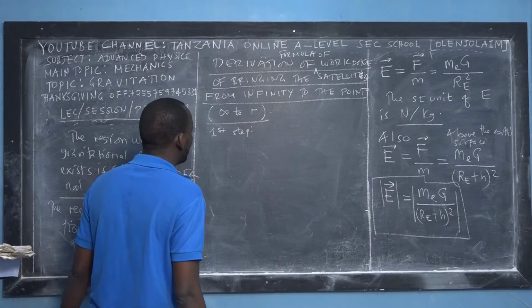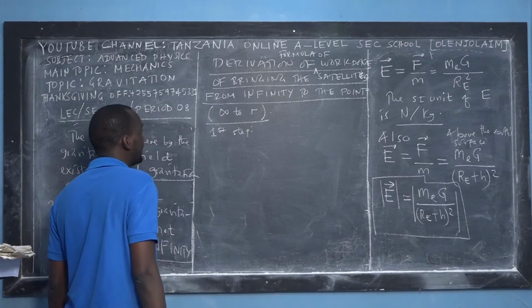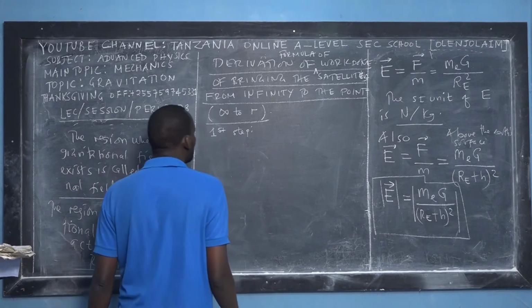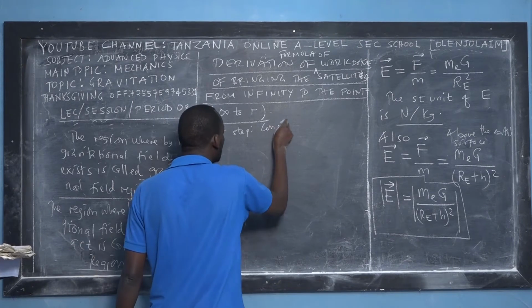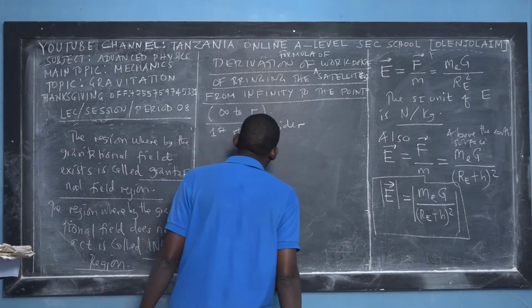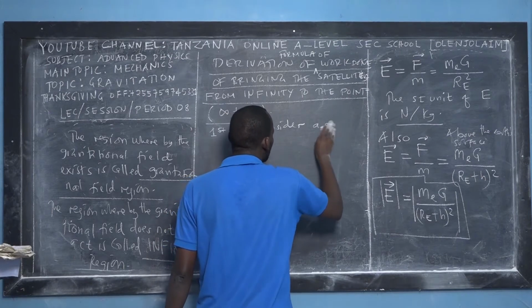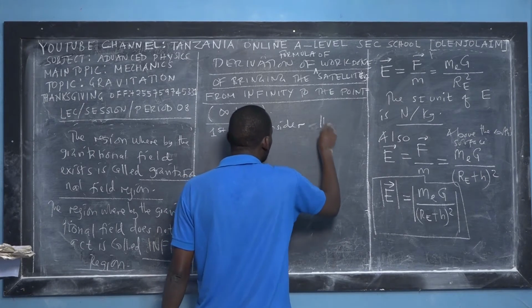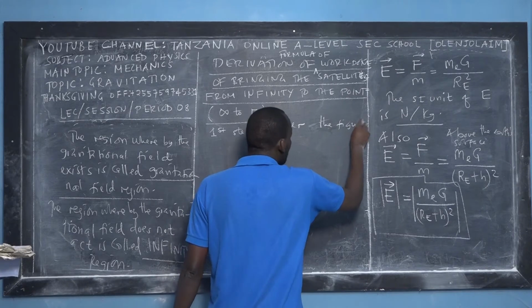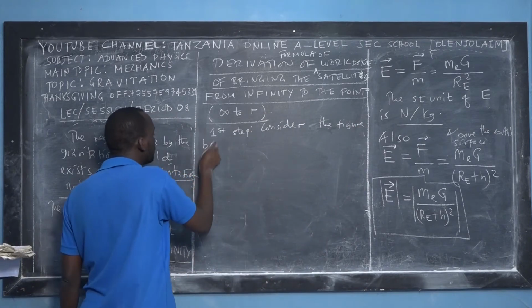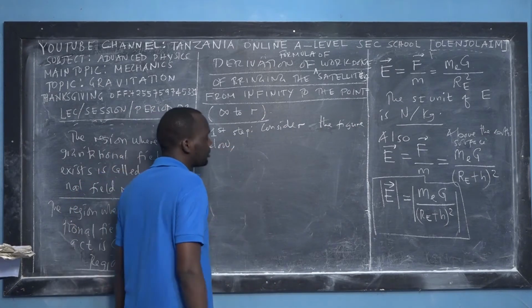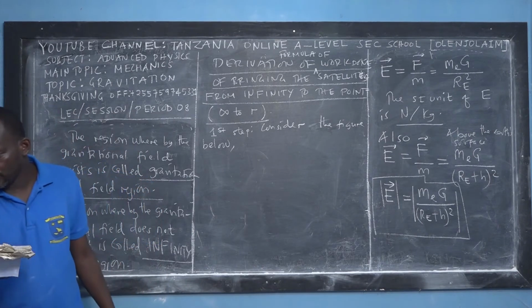For the work done required to bring a satellite from infinity to the point, the first step, we speak physics, more mathematical: consider the figure below, which I'll be drawing for you.